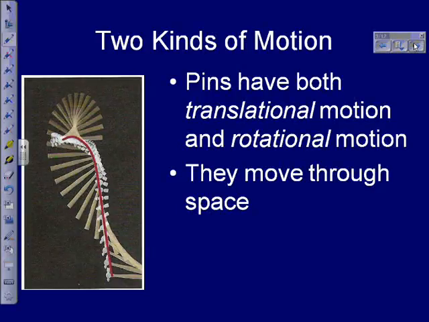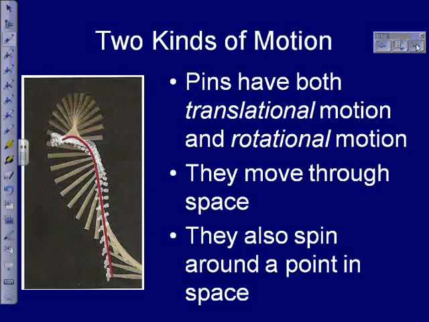The Earth moving in its orbit around the sun is translational motion, movement through space. But it also rotates on an axis, spinning around some axis as it's moving through space. So we can have both of these things occurring simultaneously. We just have to describe them differently, even though they're occurring at the same time. Good here? All right.